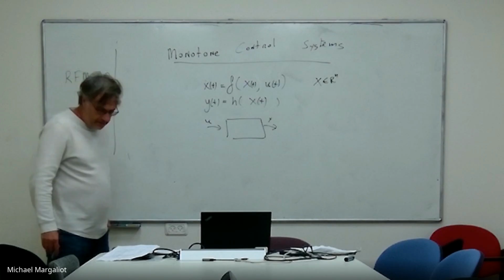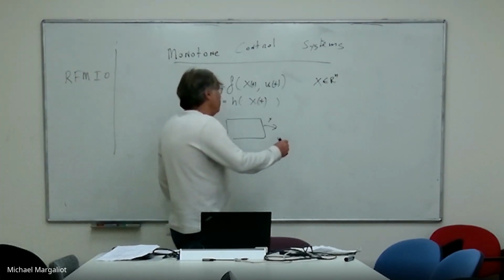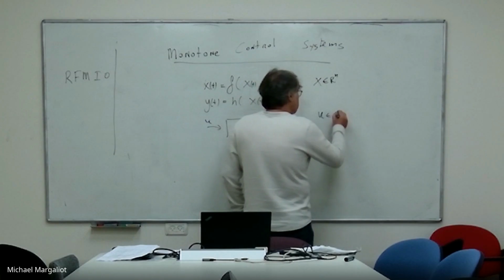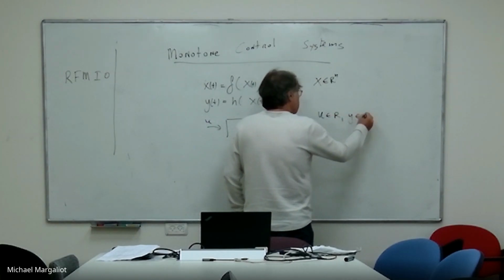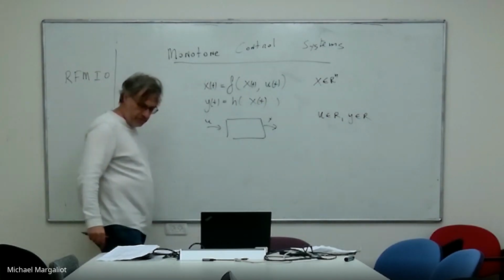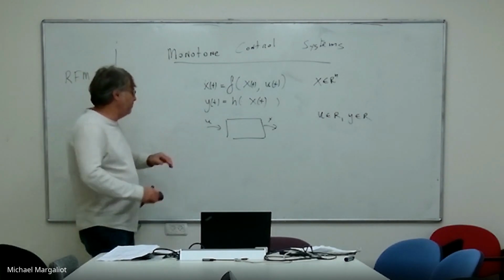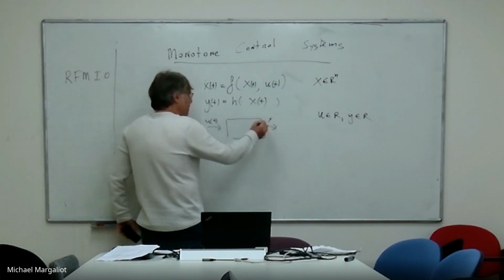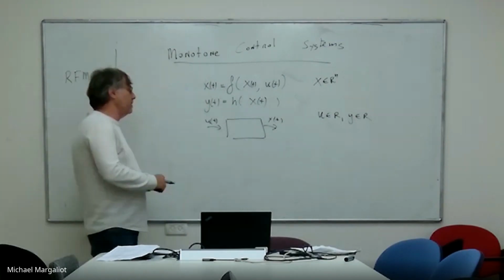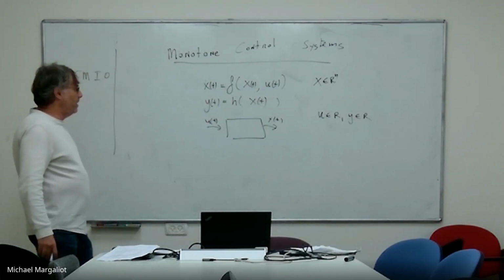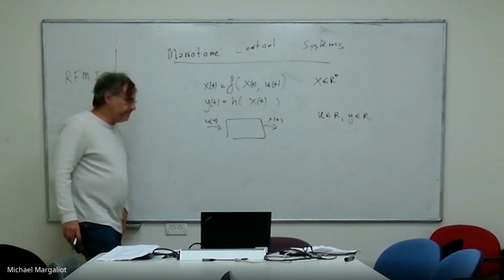Now, for simplicity, I will assume that U is a scalar and Y is a scalar. This is mainly for simplicity. So this is a number, for any t, this is just a scalar, and for any t, this is just a scalar. And we would like now to define monotonicity.